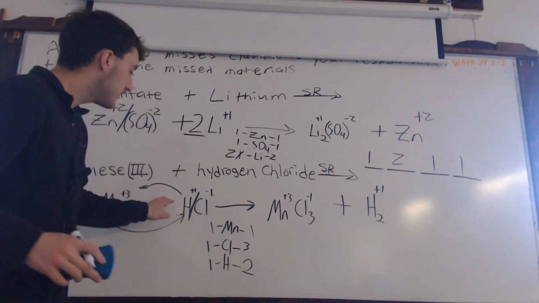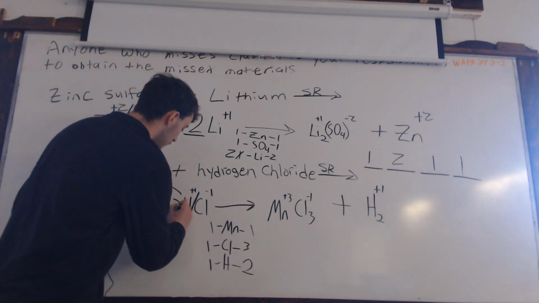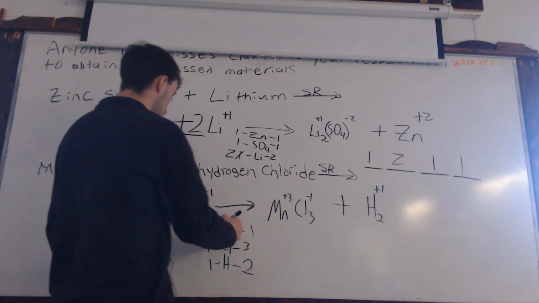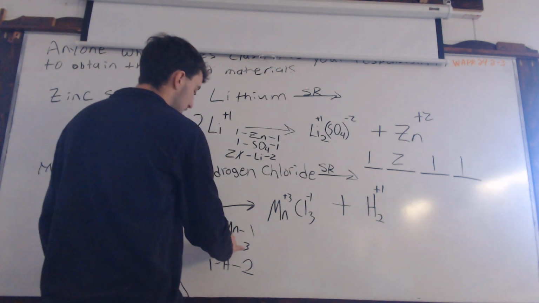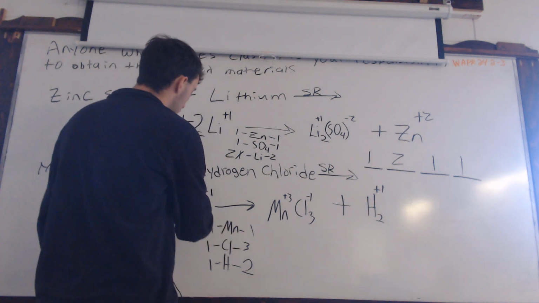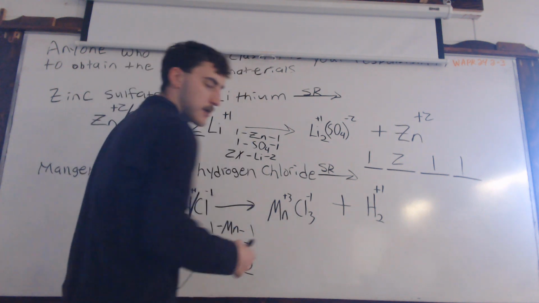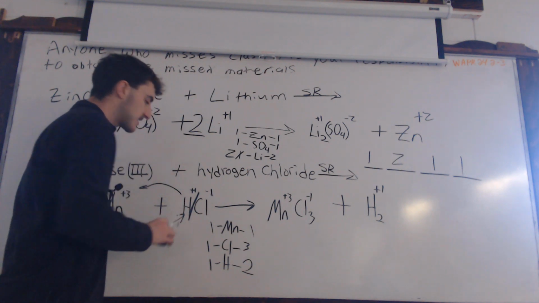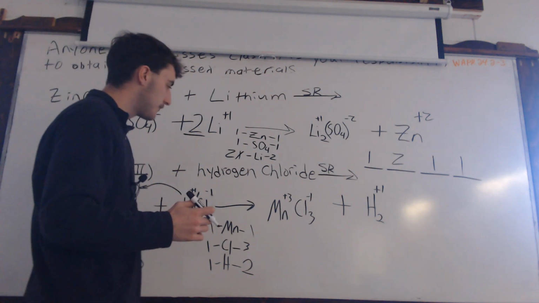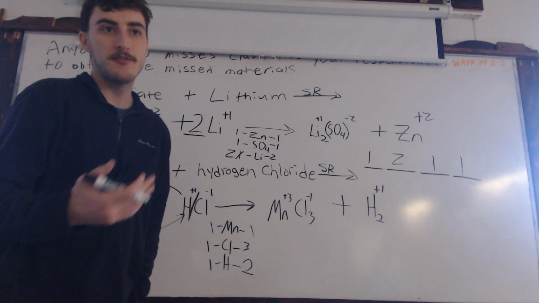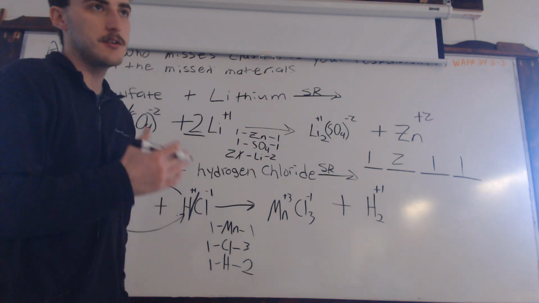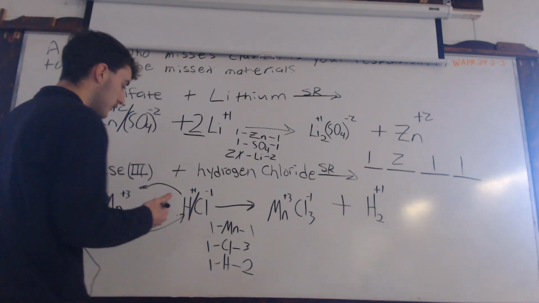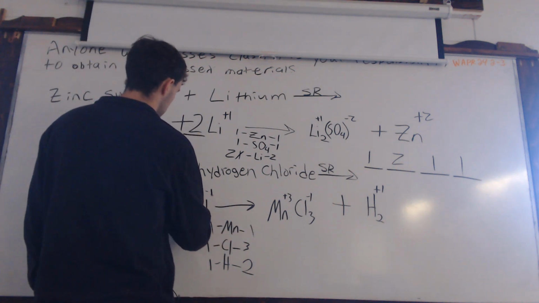And we can't do a 2 either, because if I draw on a 2, yes, my hydrogen now becomes a 2 on the left side, but my chlorine becomes a 2 on the left side, and there's no way for this 2 to become a 3. So I have to find the least common multiple. And the least common multiple between 2 and 3 is 6. So it can't be 4 because 3 does not go into 4. It can't be 5 because 3 or 2 does not go into 5. So it has to be 6. So let's make it 6.